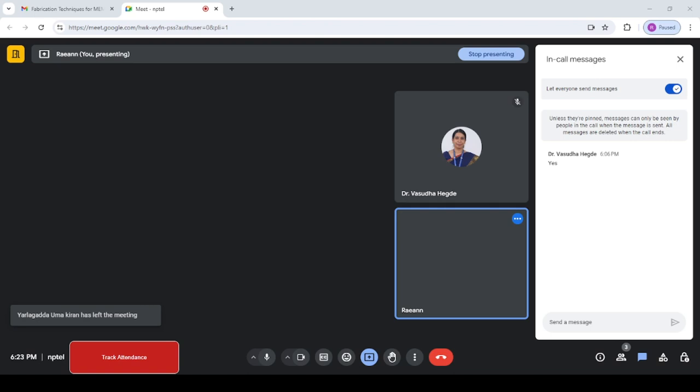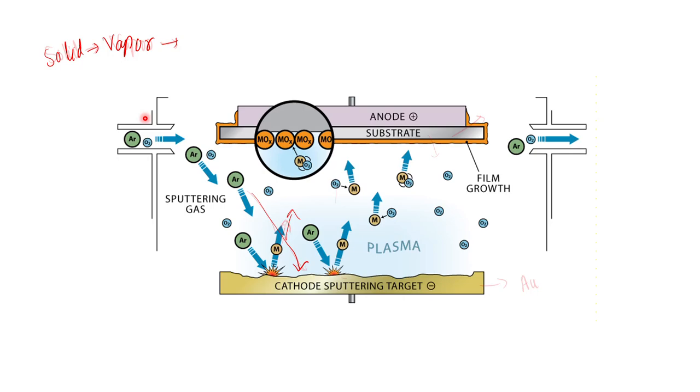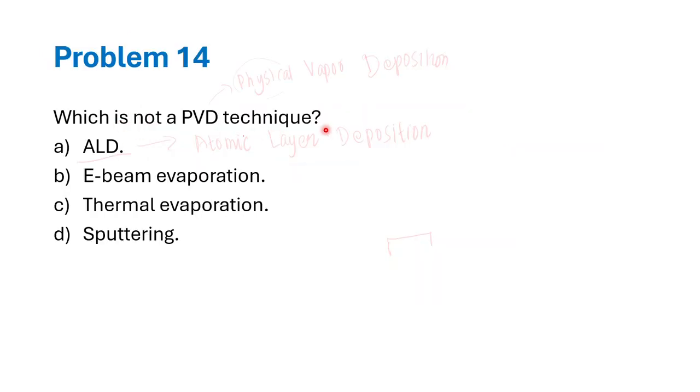So which is not a PVD? PVD is a physical vapor deposition technique. A is ALD, B is E-beam evaporation, C is thermal evaporation, and D is sputtering.